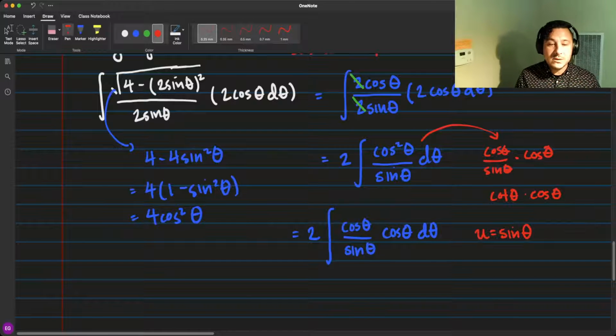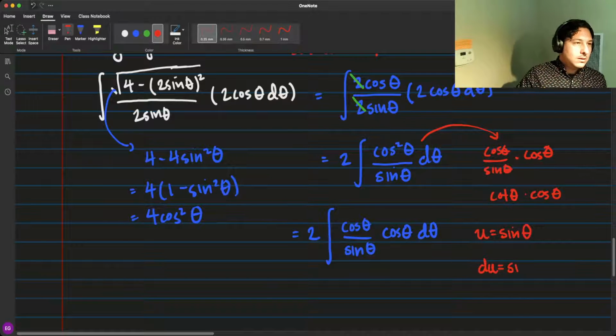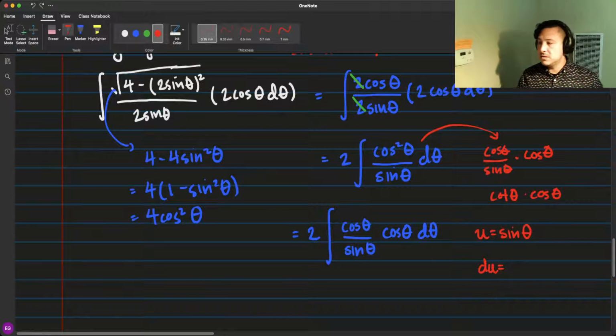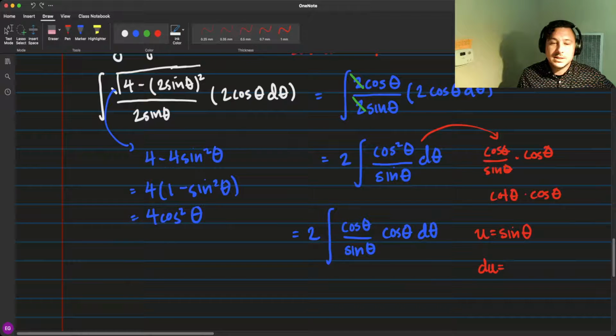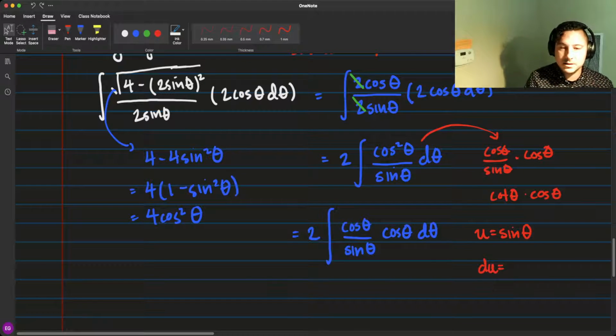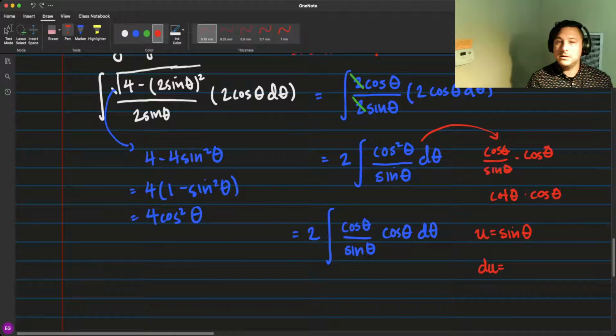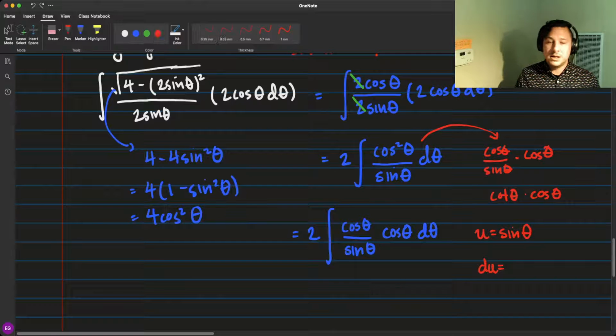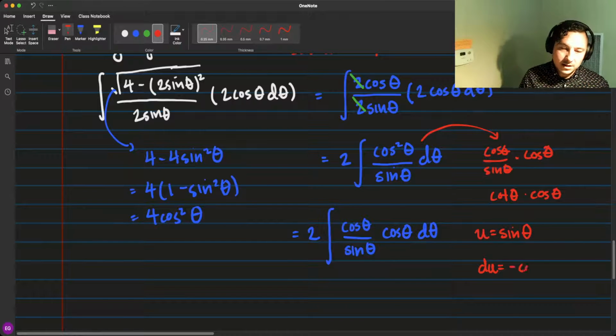So if U is equal to sine theta, what's my du equal to? Not theta. Minus cosine theta, right? Minus cosine theta d theta.